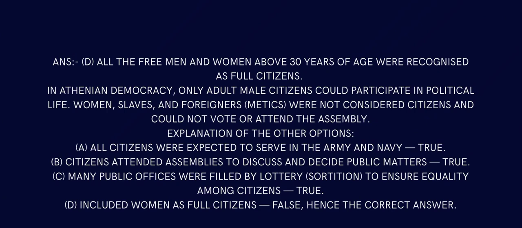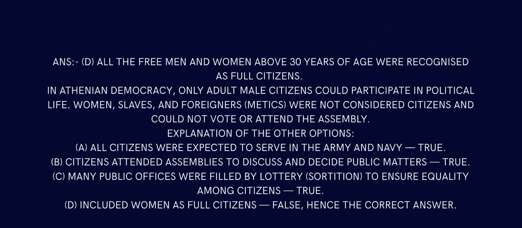That is the option that is not a feature of Athenian democracy. In Athenian democracy, only adult male citizens could participate in political life. Women, slaves, and foreigners were not considered citizens and could not vote or attend the assembly. Explanation of the other options: all citizens were expected to serve in the army and navy, true.